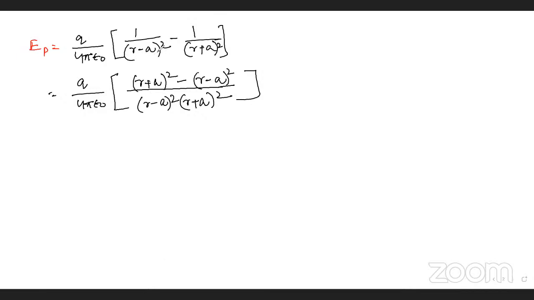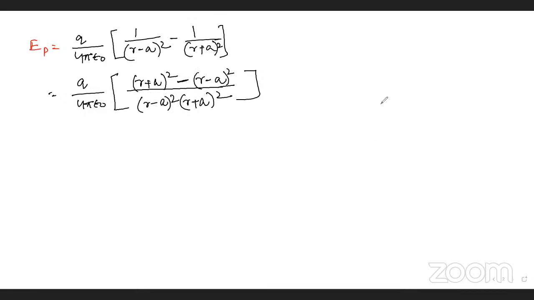In the denominator, (r minus a) whole square and (r plus a) whole square are there. So the LCM will be (r minus a) whole square into (r plus a) whole square. Dividing by (r minus a) square gives (r plus a) square in the numerator, minus the other.